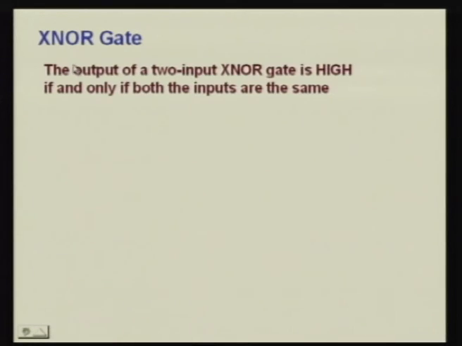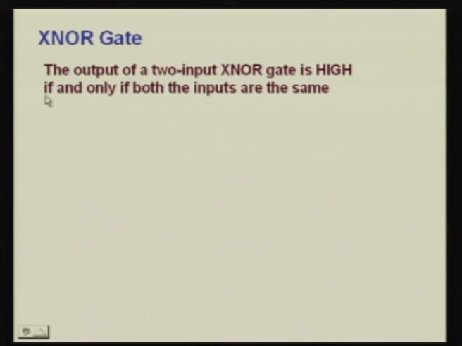The XNOR gate is basically just the complement of the XOR gate. Here, for the output of a two-input XNOR gate, we have to see the definition. We are talking only in terms of two inputs, not more than two. The output of a two-input XNOR gate is high, meaning it will be in the one state, if and only if both the inputs are the same.